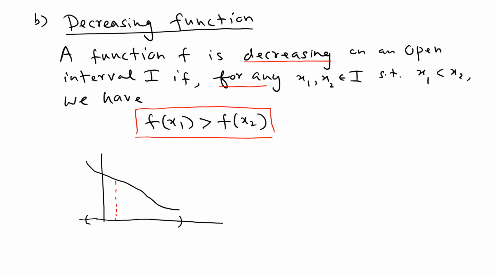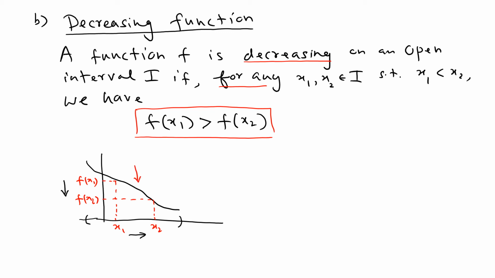This is x1 and this is x2, and if you look at the corresponding function values, this is f(x1) and there is f(x2). You can see that when the x value increases, the corresponding function value decreases. That's why we call this a decreasing function. You can put an arrow like that.